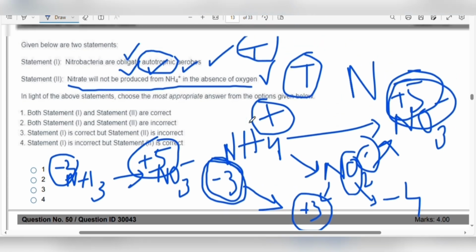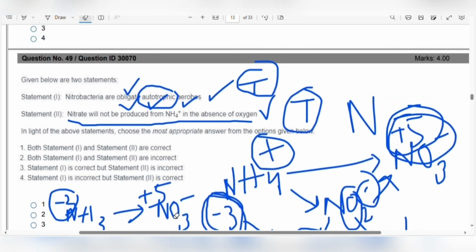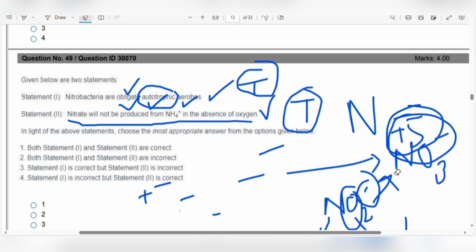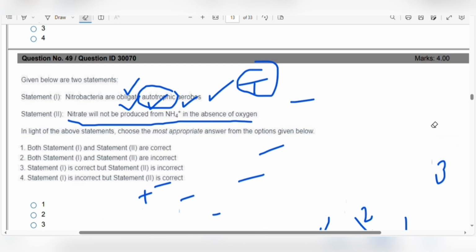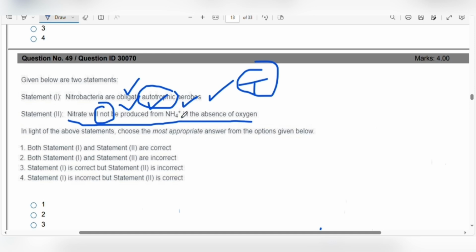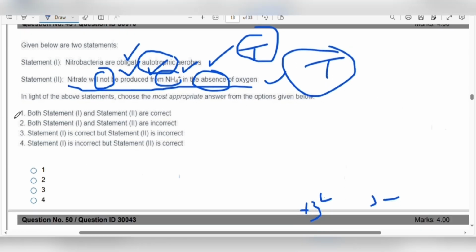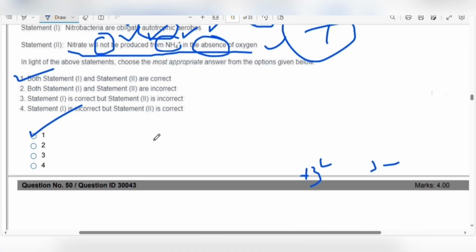So this process cannot take place without the presence of oxygen. Oxygen is essential for the oxidation process, because oxygen is getting added to the nitrogen. Statement 2 says nitrate will not be produced from ammonium in the absence of oxygen. So this is also true. Here the answer will be both statement 1 and statement 2 are correct. Fine. Moving on.